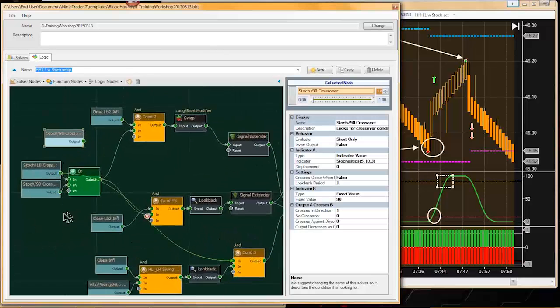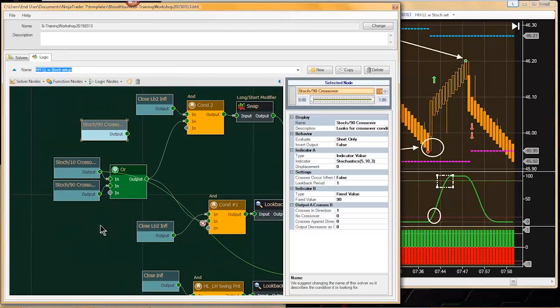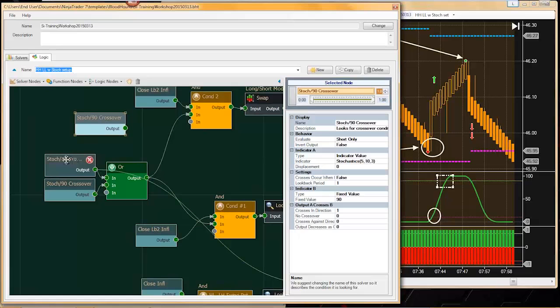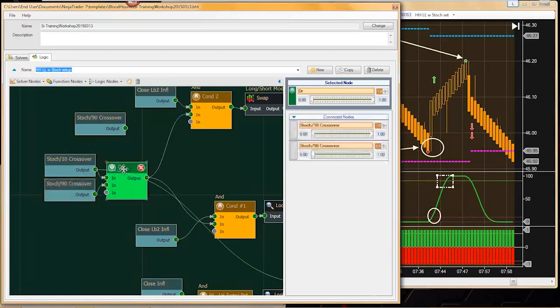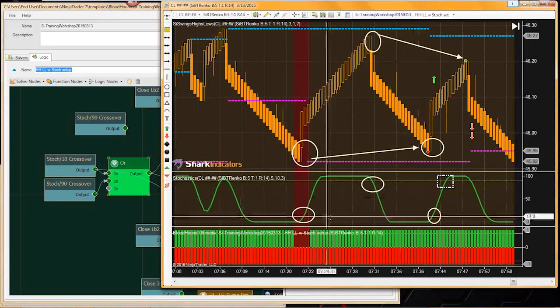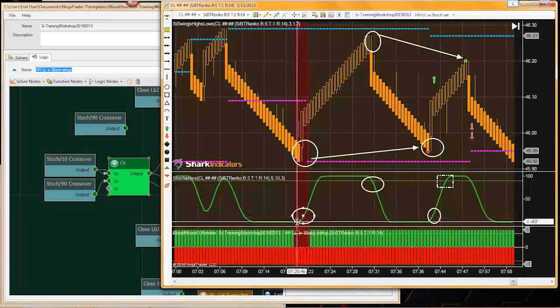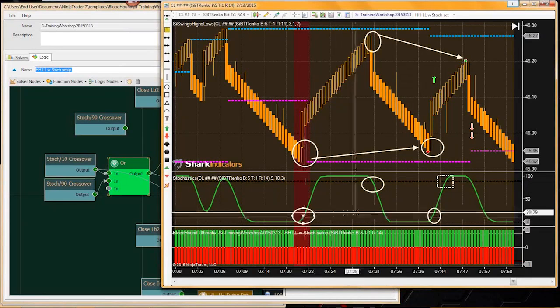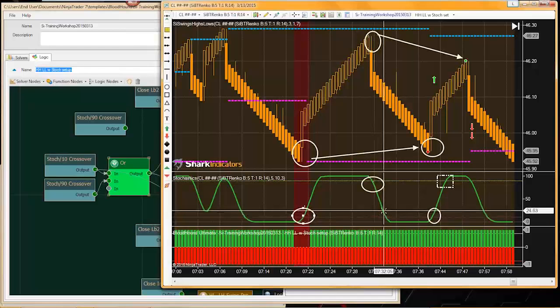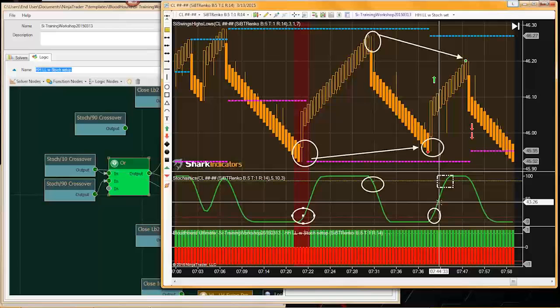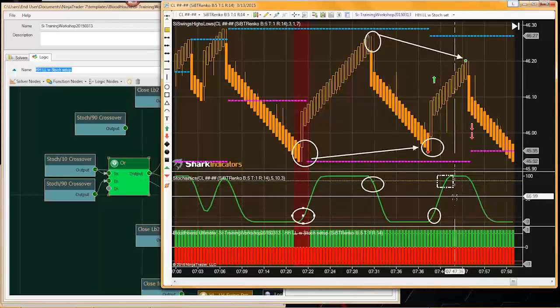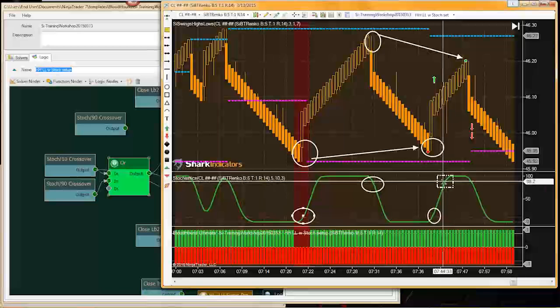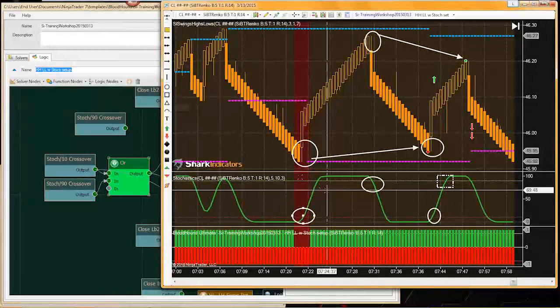I'm going to build another set of crossover solvers, just like I did here, but it's going to be kind of the opposite. Instead of looking for the stochastic to cross above 90, I'm going to be interested when the stochastic crosses below 10 and crosses above 90.